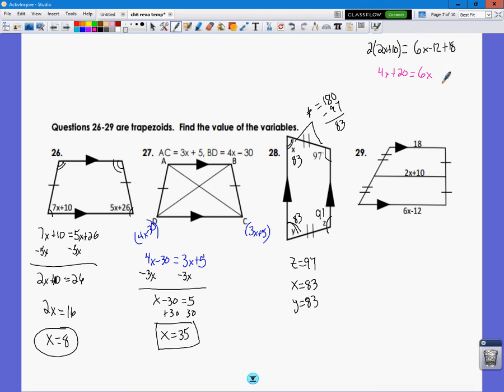Combining like terms gives me 6x plus 6. Putting my x's together gives me 20 equals 2x plus 6. Subtracting the 6, 14 equals 2x. And dividing by 2, x is going to be 7.